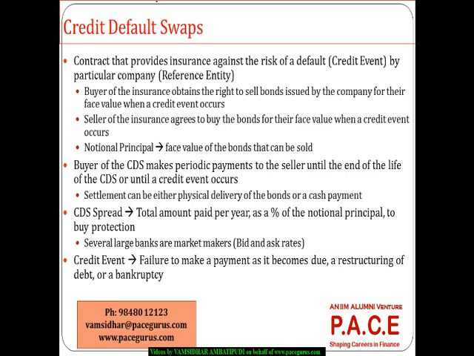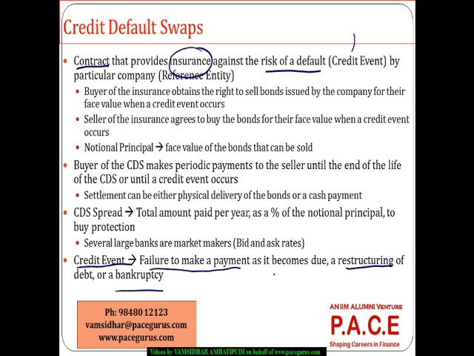So let's get started with the credit default swap. Look at the definition. It's a contract which provides a kind of insurance, protection against the risk of default. This risk of default is a credit event. There are different kinds of credit events. I can talk about default, which is the failure to make a payment when it falls due, or we can bring in bankruptcy or any restructuring of the debt.